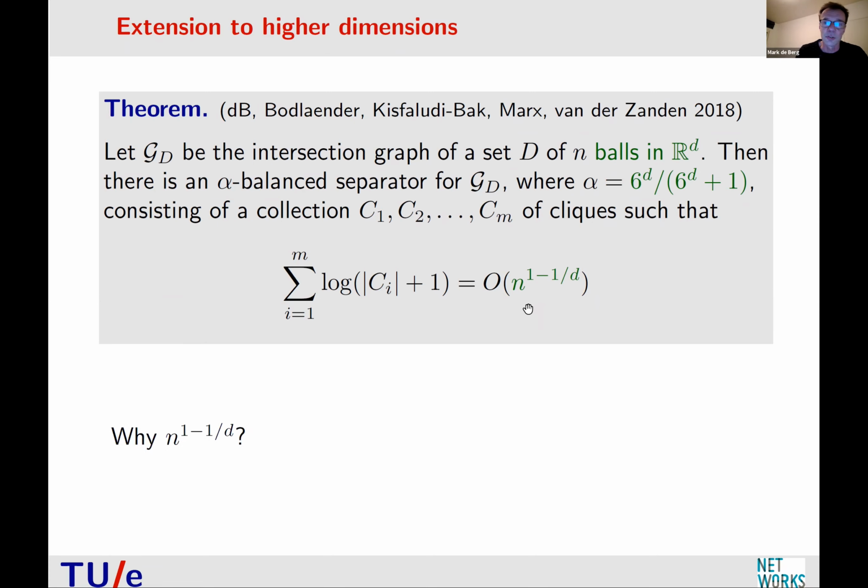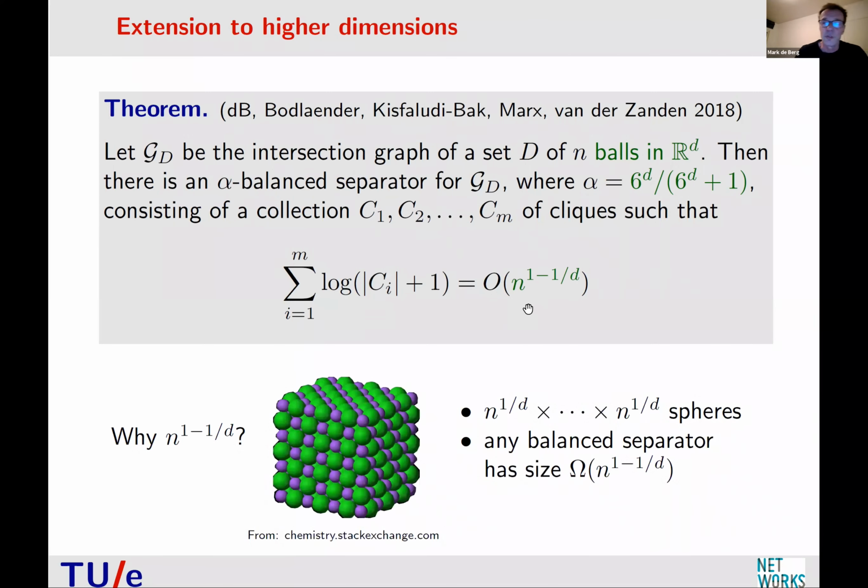So why do we get this bound? If I put my disks essentially in a grid like this, then you will see that any balanced separator is going to have this size.